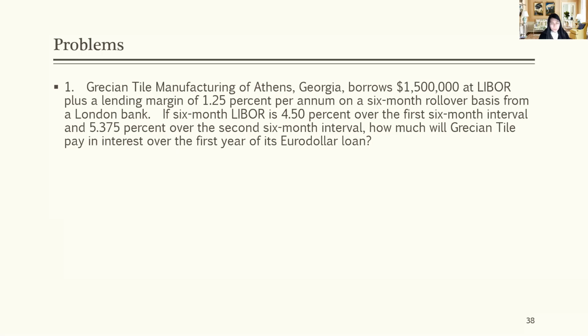So for the first problem, we've got a company that borrows on a 6-month basis, okay? This company wants to borrow $1.5 million for 6 months initially, and then they're going to roll it over for another 6 months, right?